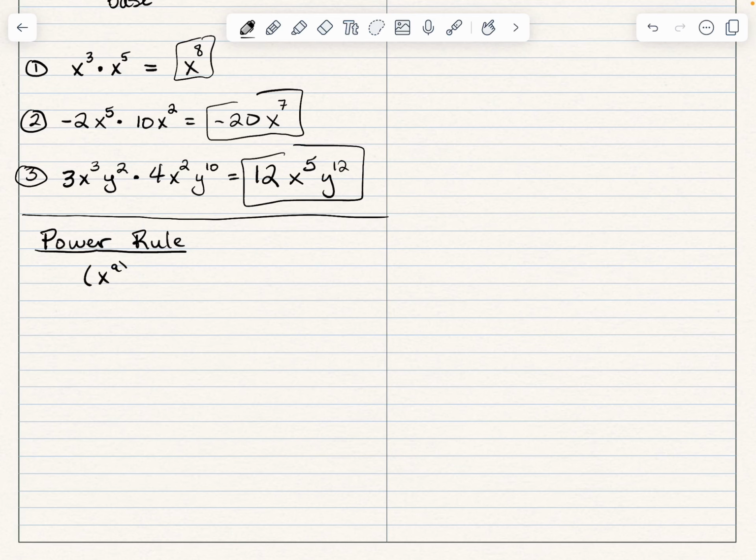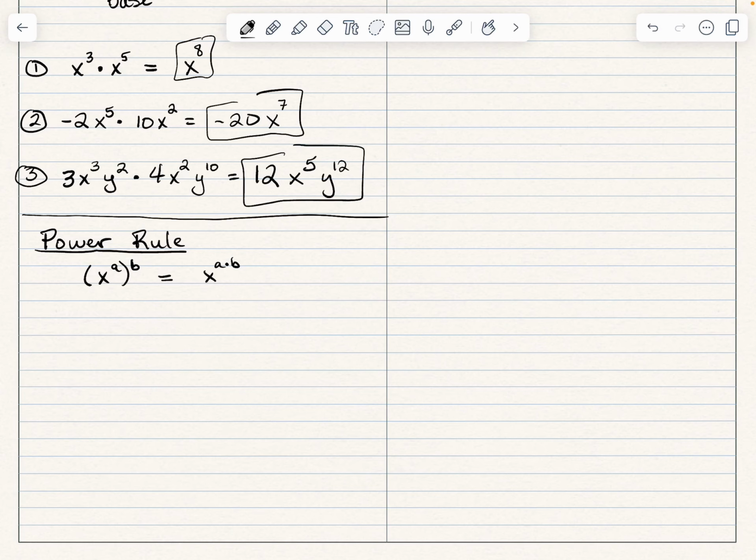So if we have x to the a, and that's raised to the b power, then we're going to multiply these exponents together. This is going to be x to the a times b power. Whatever number that is, that's the number that goes with that.